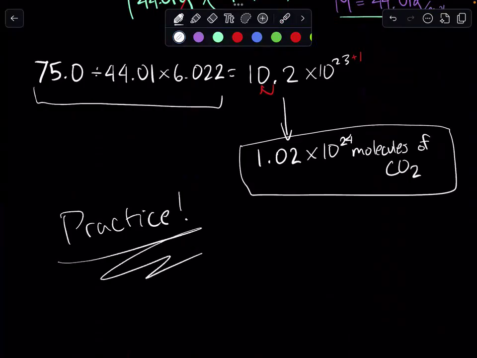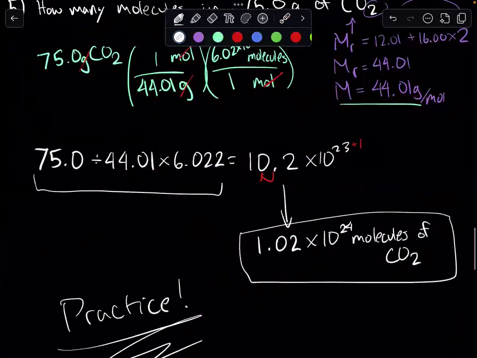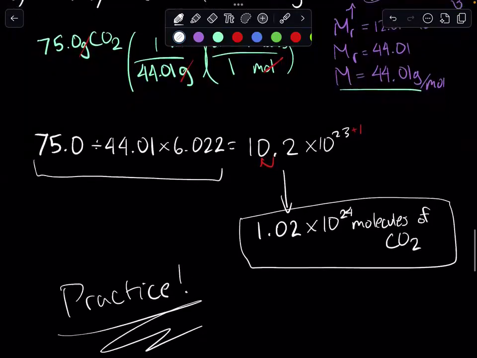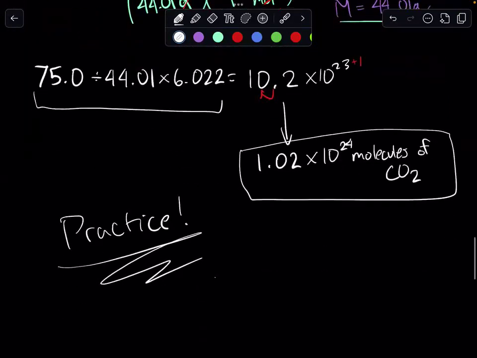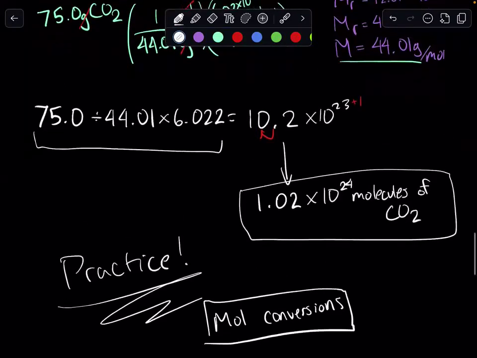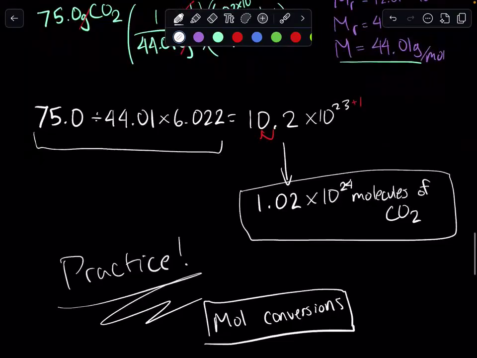So, with that said, go on to your favorite AI tool or just Google practice mole conversion problems. Generally, this is called mole conversions. And just look up as many practice mole conversion problems and do them. Once you start feeling confident, then you're done.